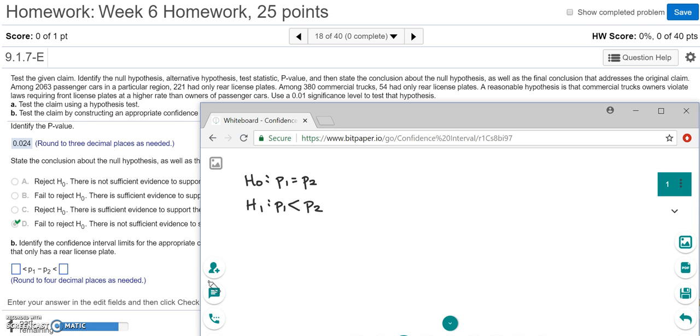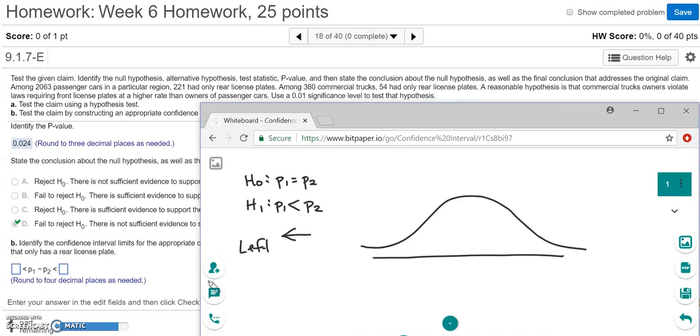So remember back to that nice picture that we've been using all along of that bell-shaped curve. In this case, based on the direction of my alternative hypothesis, this is going to be a left-tailed test. You can think of the direction of the inequality sign as being like an arrow, right? Kind of looks like this. So it's pointing to the left, right? So that means this is a left-tailed test.